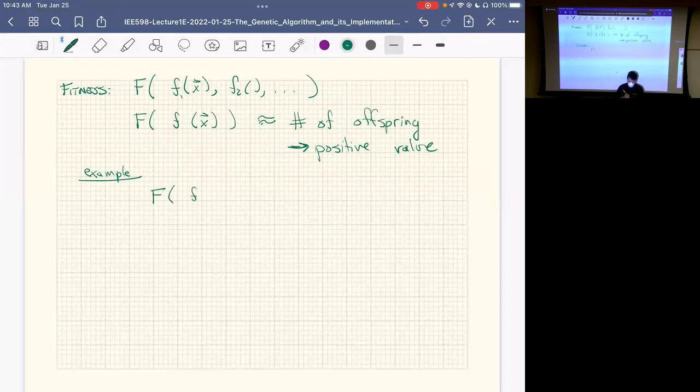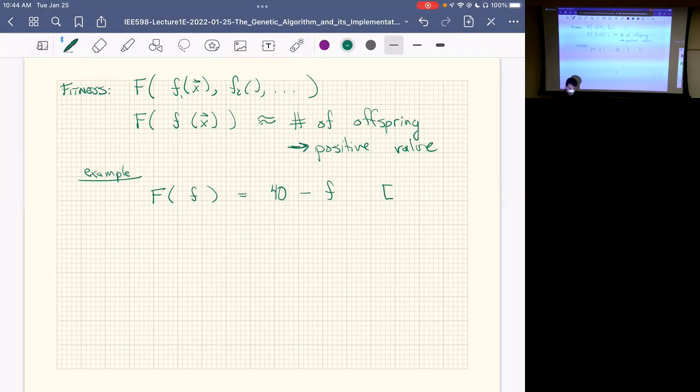In our simple example, like in the mini project, you could imagine a fitness function where you've got something like 40 minus f. This would be a case where, by maximizing capital F, your fitness, meaning your number of offspring, what you're actually doing is minimizing little f.